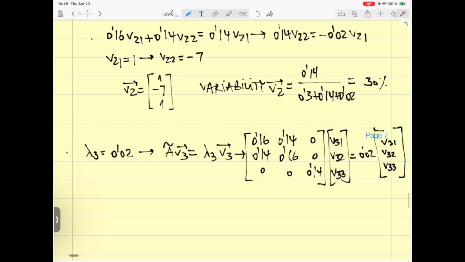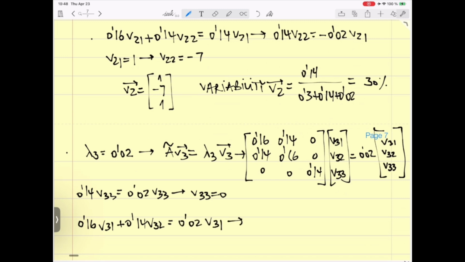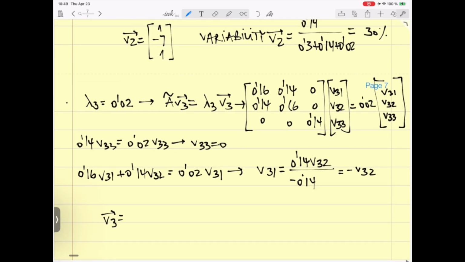And doing this, we get again that V33 times 0.14 equals 0.02 V33, meaning that V33 must be 0, okay? So what we get is 0.16 V31 plus 0.14 V32 equals 0.02 V31. If we solve this, we get that V31 equals 0.14 V32 divided by minus 0.14, so equals minus V32. As a result, if we fix the first one to 1, then we get 1, minus 1, and 0.